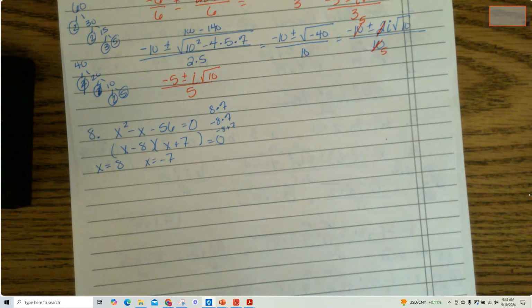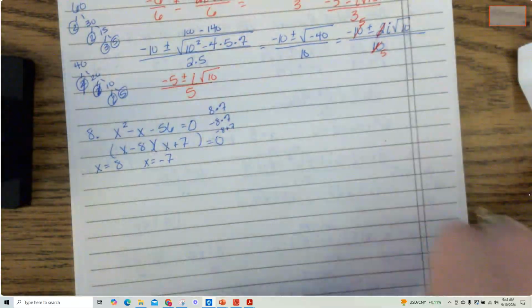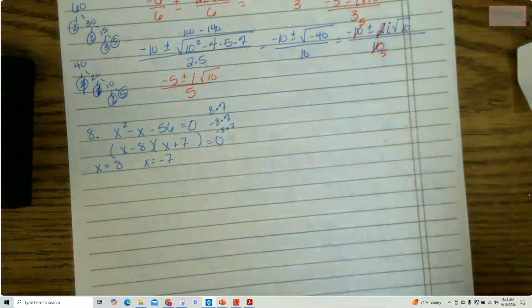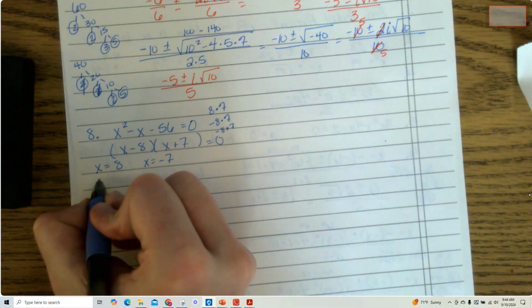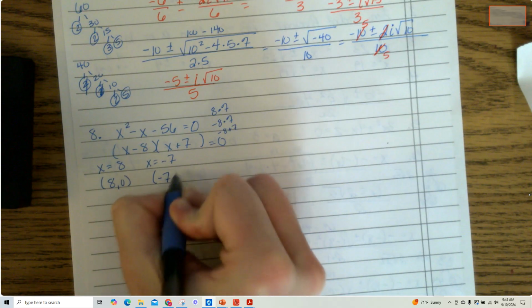So you'll put it as x equals negative 7 comma 8. I'm not sure if it wants them in a specific order, but I put them least to greatest. Okay. And then it wants the x-intercepts, right? So 8 comma 0, negative 7 comma 0.